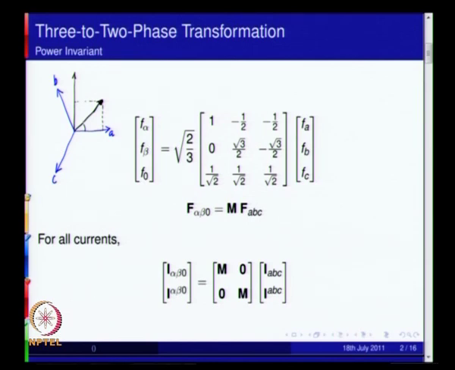So based on this, instead of describing the MMF as FA, FB and FC, we choose to describe this as F alpha and F beta, two components of the MMF.